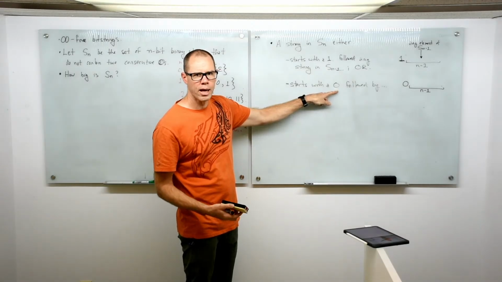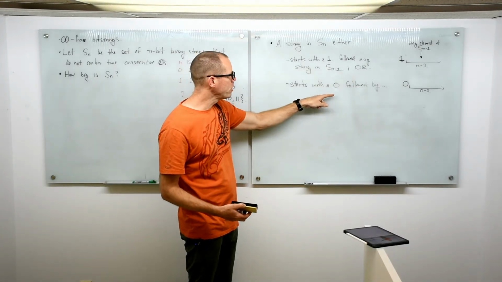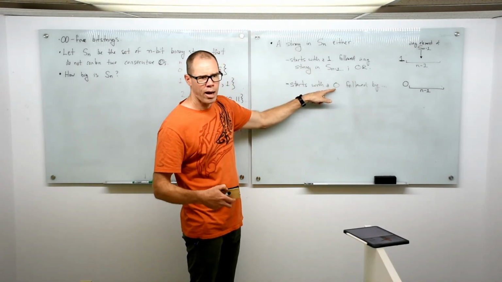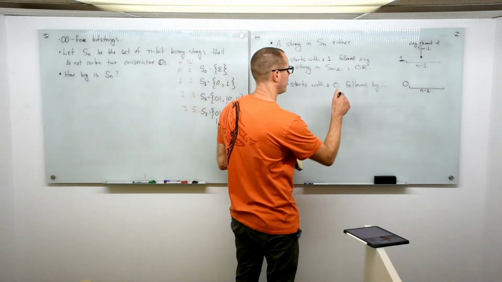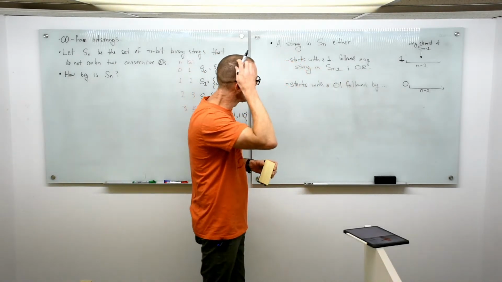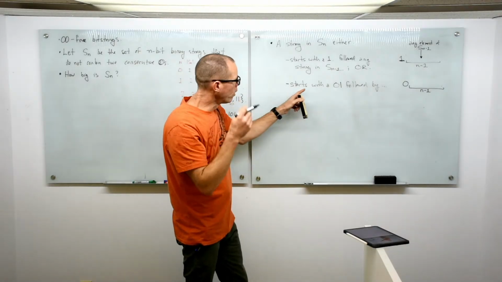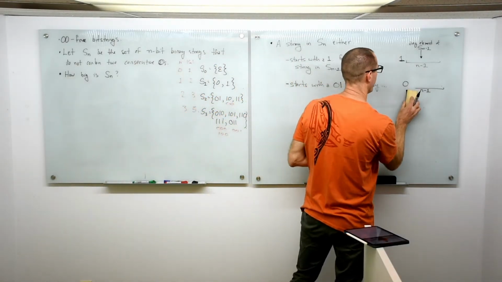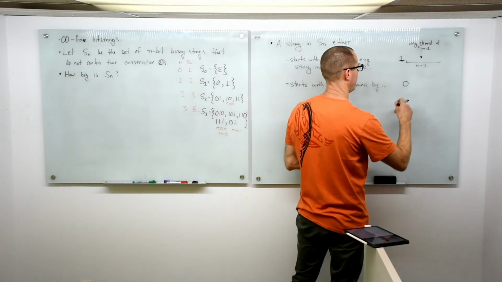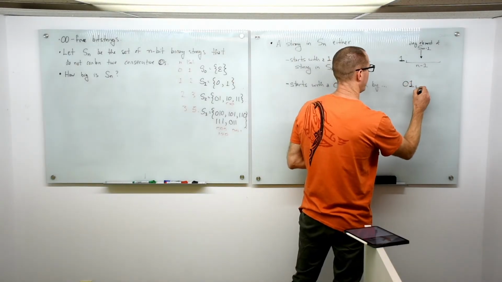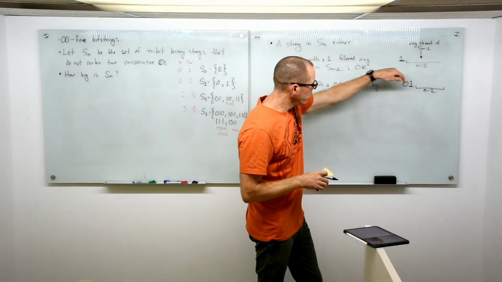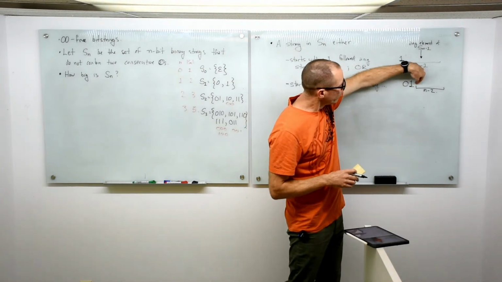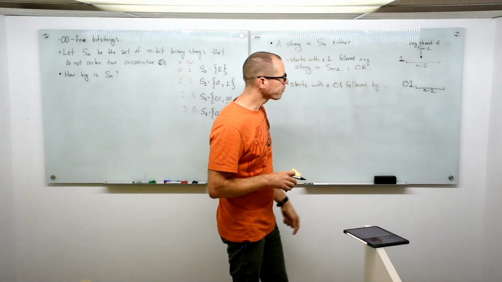So actually the next thing has to be a 1. So if my string starts with a 0, it actually starts with a 0, 1, at least for n bigger than or equal to 2. So it starts with a 0, 1. And then there's n minus 2 more bits in the string.